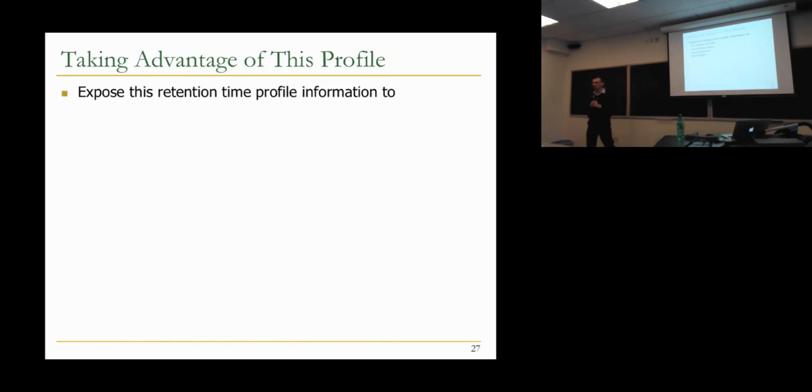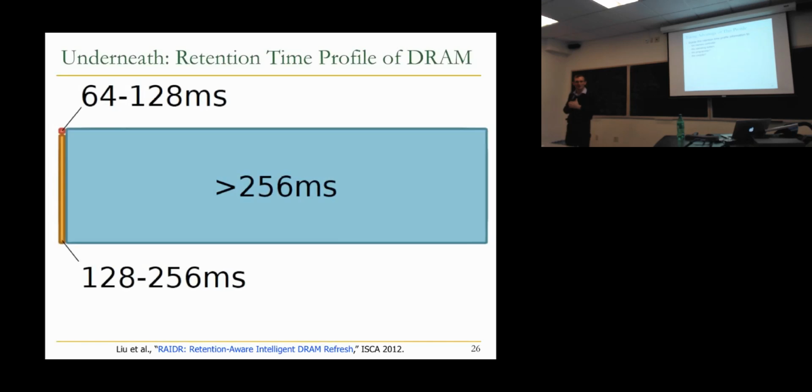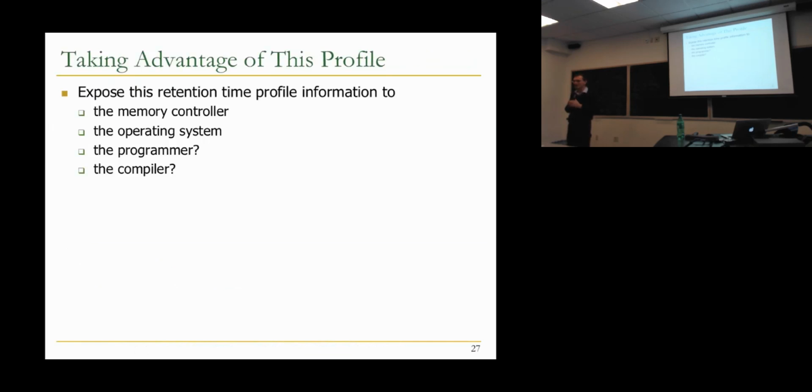Programmer? Now you're becoming perhaps more specific to the application, right? If the programmer actually has control over allocating their data to rows, which most general purpose systems don't, because you don't know where your data goes in DRAM when you write a program. But if the programmer has that control, then maybe it's not a bad idea, if the programmer knows how long their data is needed.